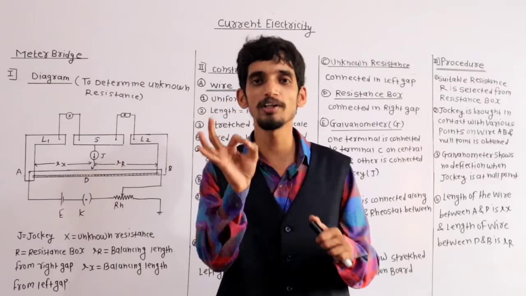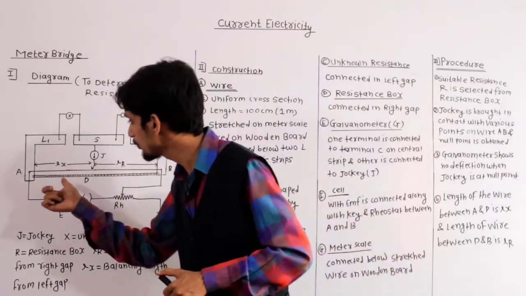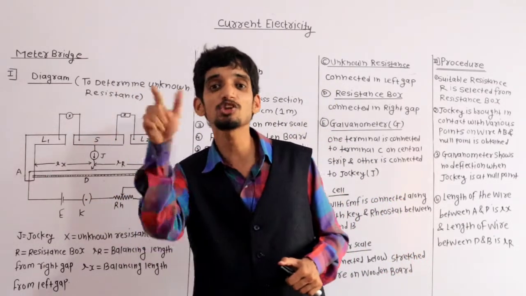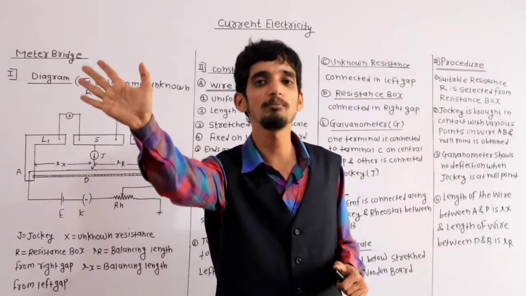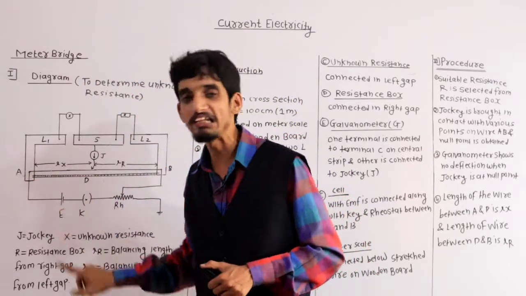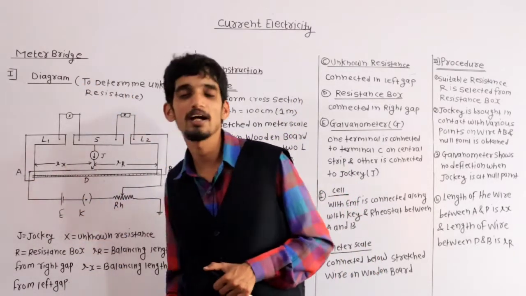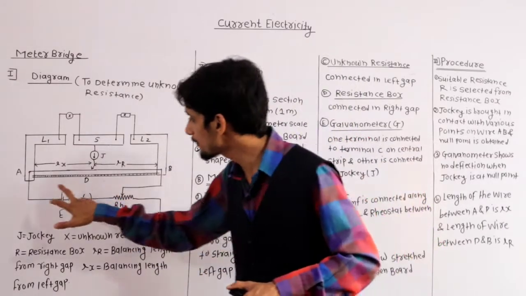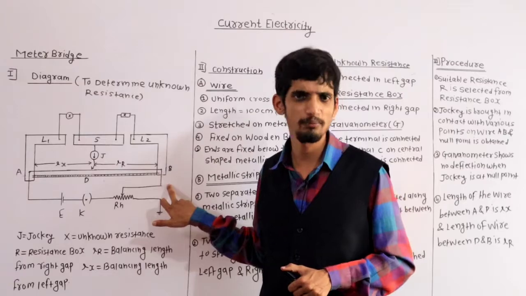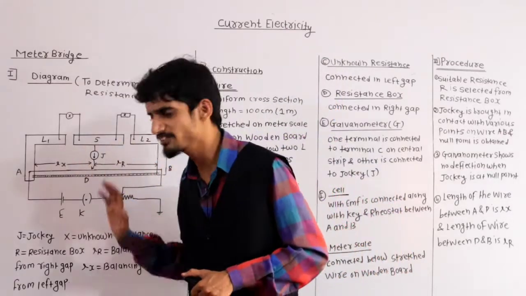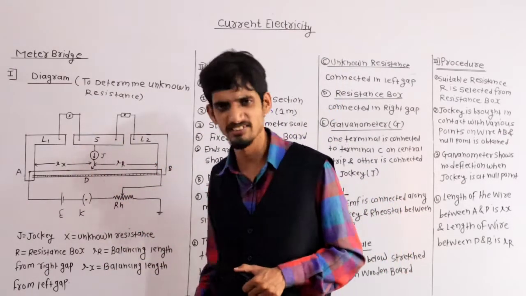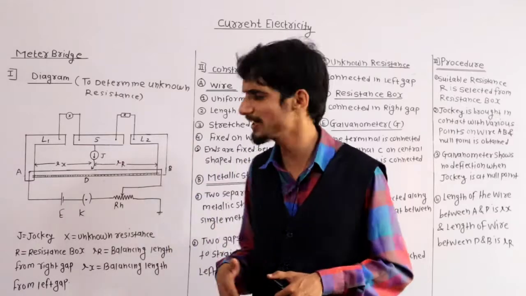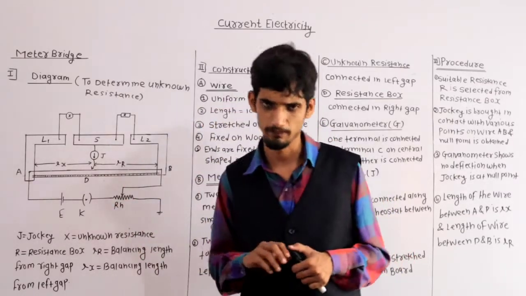Then after obtaining the null point, you have to note down the distance of that null point from the extreme left end, which is from point A, and note it down as Lx by using the meter scale. So the total length of the wire is 100 centimeter. So if you are getting Lx, you can easily calculate the remaining distance, or you can directly measure with the help of the scale.